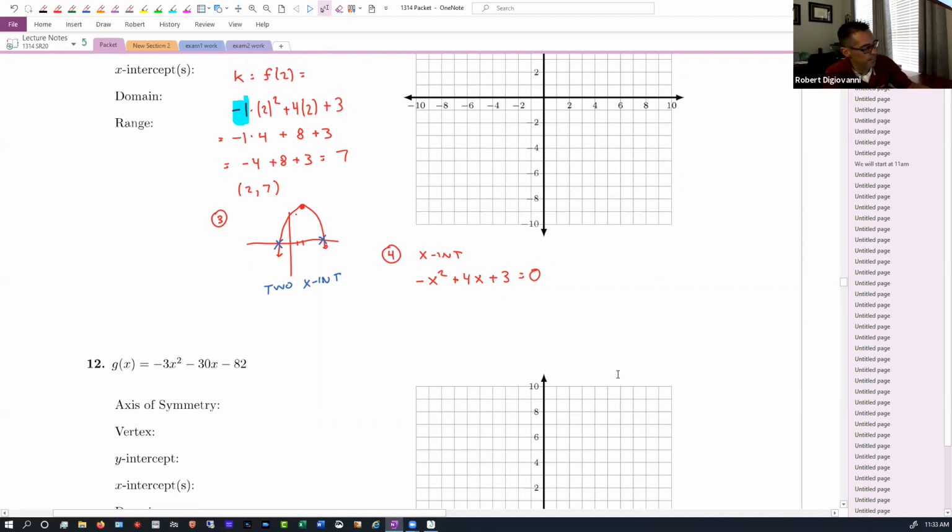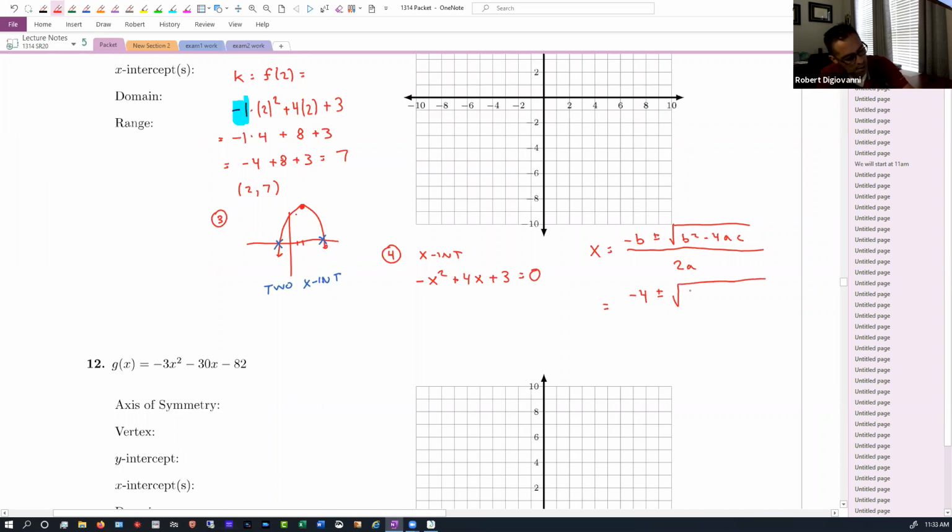I'm going to use the fact that x should be equal to -b plus or minus the square root of b squared minus 4ac all over 2a. And for us, this should be -4, that's the opposite of b.